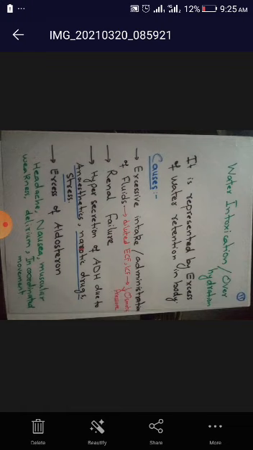Excess of aldosterone. Aldosterone, as we have discussed in the last two lectures, is a mineralocorticoid secreted from the adrenal cortex. If adrenal cortex dysfunction is there, it will secrete more aldosterone. And what is the function of aldosterone? Sodium reabsorption. So a high amount of aldosterone will result in high sodium reabsorption, and high sodium reabsorption will retain more water.